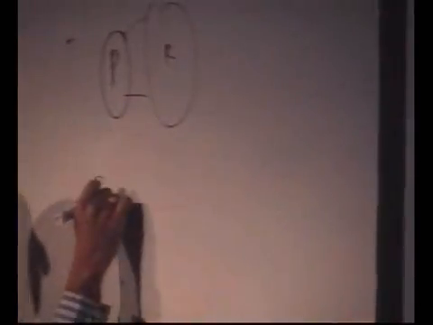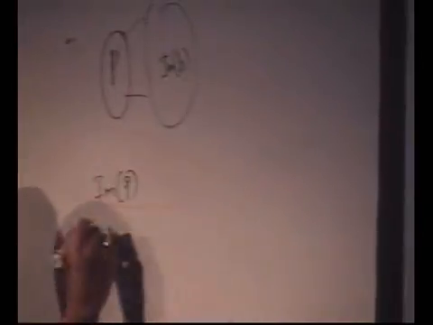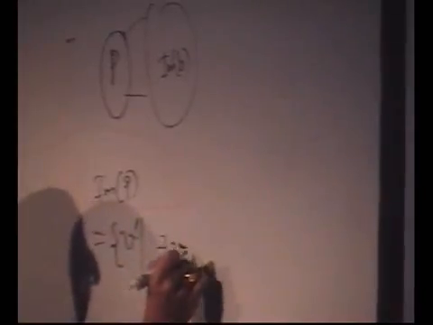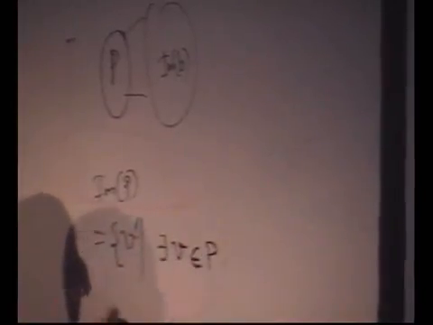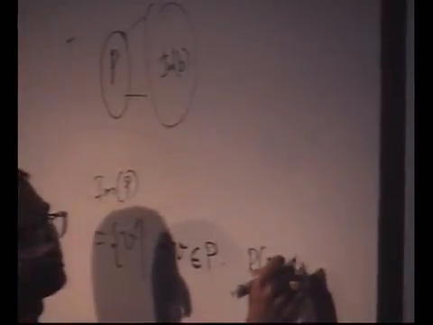The way I could do it is the image of P, which is R. Image of P is the set of all V prime such that there exists some V in P such that R of V, V prime. That's the image of P, right?